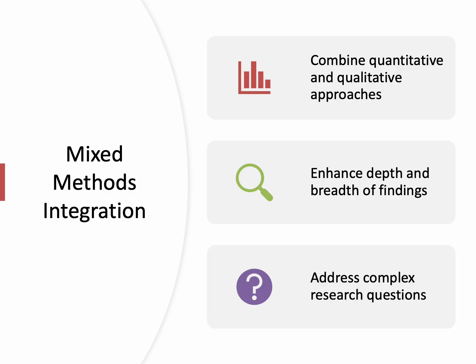This approach addresses complex research questions, like improving care quality or reducing social inequalities, by capturing both data-driven insights and nuanced perspectives. Ethical considerations, such as obtaining consent for both methods and ensuring participant privacy, are critical to maintain trust.